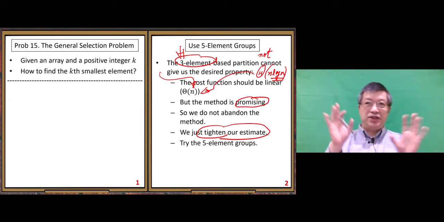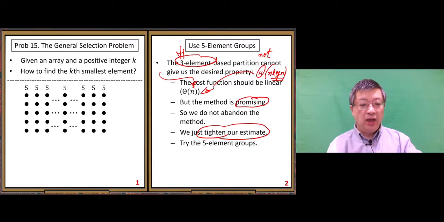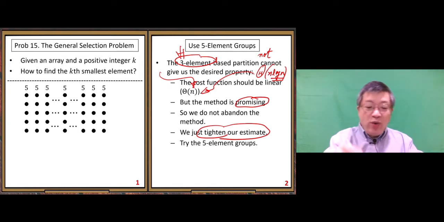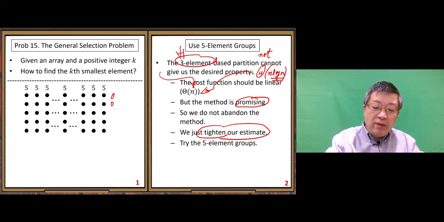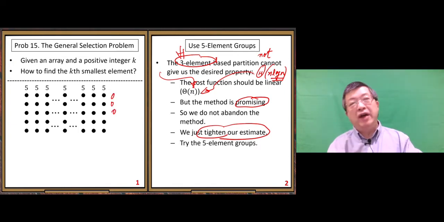All right, so let's do it. We organize the elements in 5-element groups. Although we may have some extra elements, that part is not really important. Remember, in computer science, we allow some reasonable error. If it's not too big, we can take it.